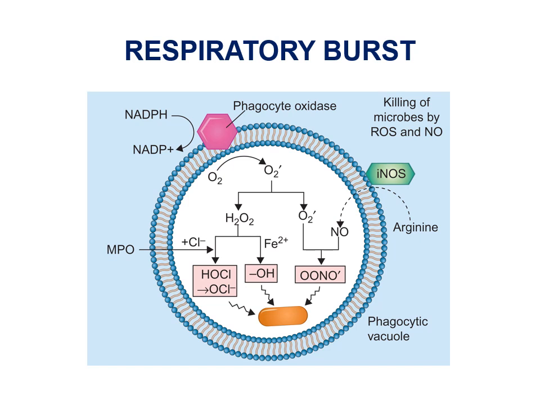We already mentioned it yesterday, and now this is again the structure of the phagocytic molecule, and we can see we have the phagocyte oxidase, and it's producing reactive oxygen species which are actually fighting the bacteria which is already encapsulated in the phagosome, and this is the phagocytic vacuole, and the result is killing of microbes by reactive oxygen species and nitrogen oxide.